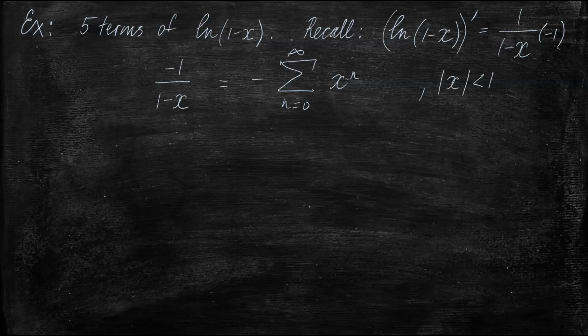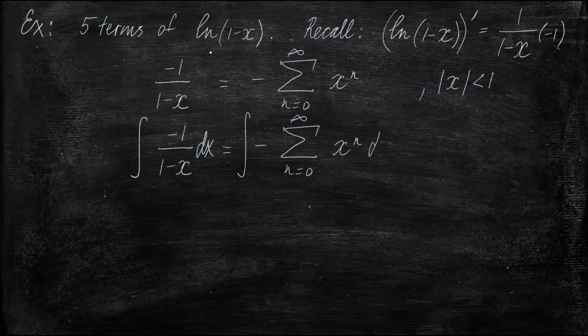And now, previously we were able to differentiate both sides of this statement. And this time we're going to integrate. So I'm just going to copy this statement. And I'm going to add the integral here.